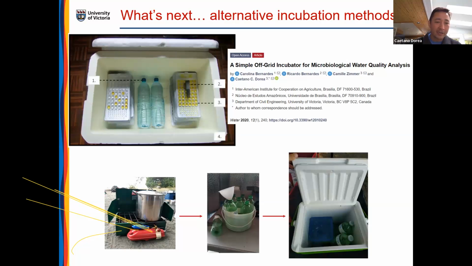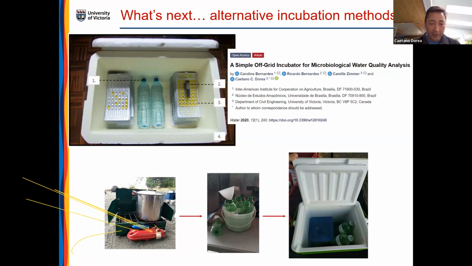So here what we're looking at is the ColiAlert test, and these are 2 bottles of water that are filled with water at 60 degrees Celsius. And we've seen that we could maintain an average temperature of about 35 for about 12 hours. And so if we just have access to heat, we can boil some water and keep these tests going.